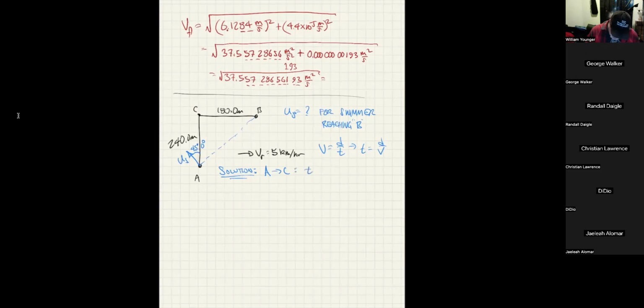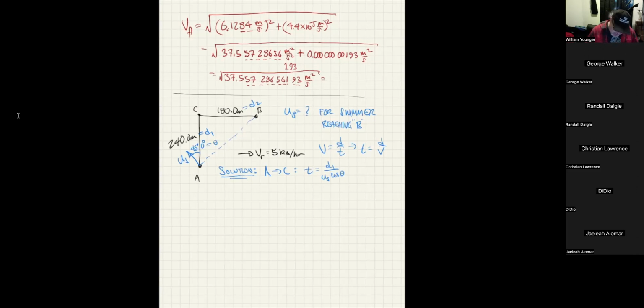Time is going to be the distance, let's call this D1, and let's call this D2. So this is going to be D1 over U sub S times the cosine of theta, which is what we're going to call that angle. I can plug these in later, but that's the important thing.